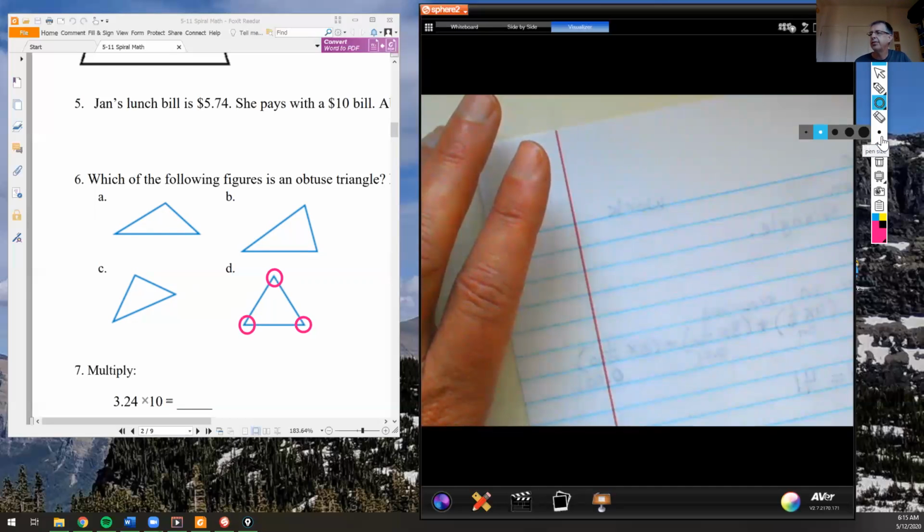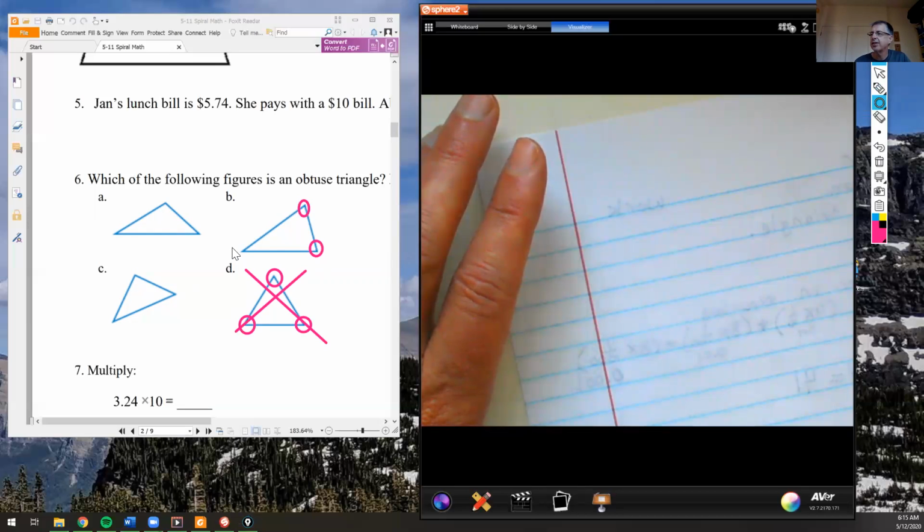So triangle D is definitely not an obtuse triangle, so I'll just cross that one out. And I'm going to look up at B. Again, it looks like each one of these angles is less than 90 degrees, so I'm going to cross that one out too.